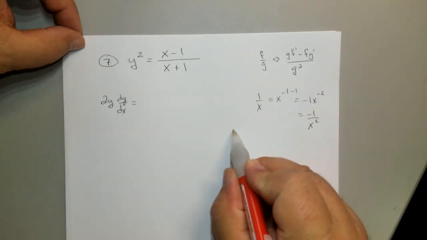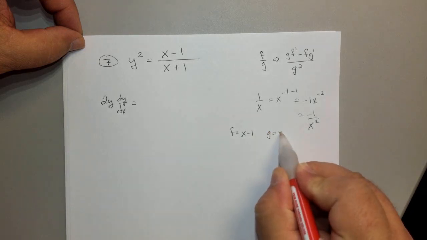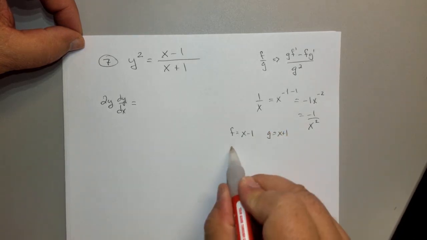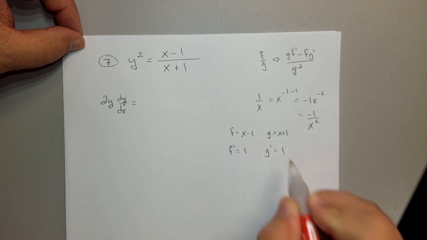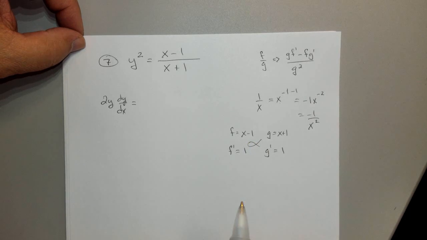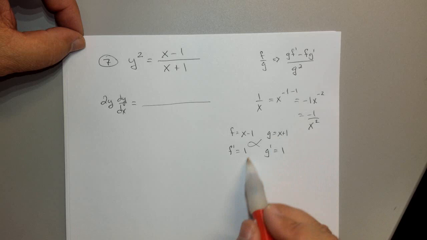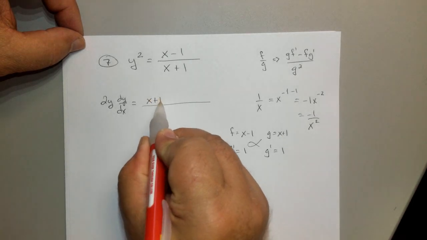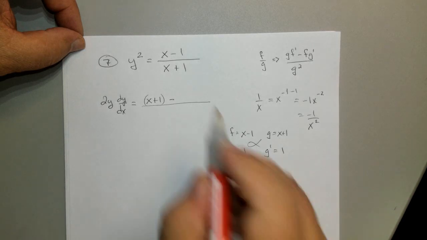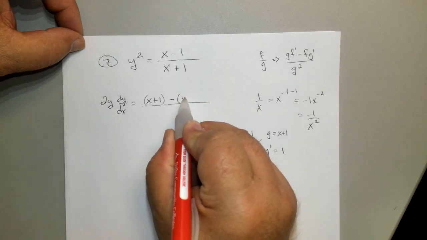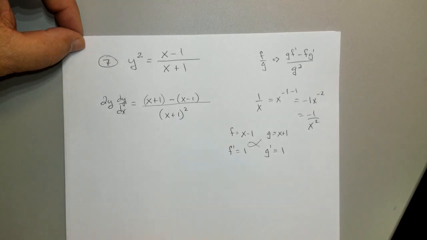Now this side, we have f is x minus 1, g is x plus 1. f prime is 1, g prime is 1. That's (x plus 1) times 1, which is x plus 1, minus (x minus 1) times 1, all over the bottom squared.